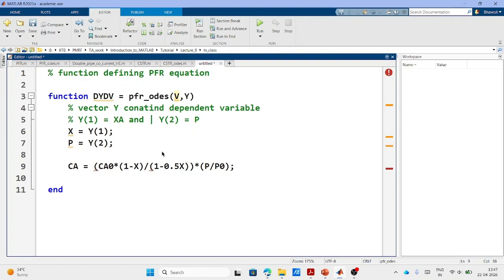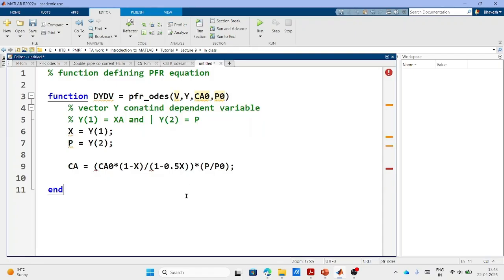Now here we have not defined what CA0, P0, etc. are, right? So what you can do is provide these values as an input to your PFR ODE function. If I write CA0, right now you can see it's showing this red line, meaning there is some error because these values are not defined.